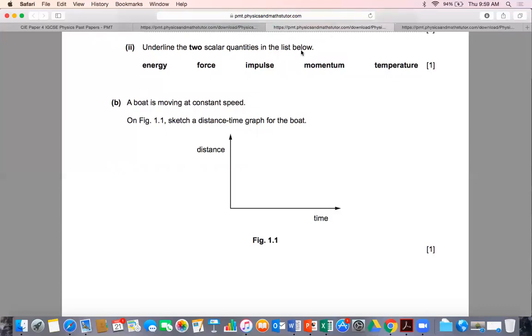It will look something like this. Constant speed means the gradient will be constant, which means it will be a linear graph, a linear line.